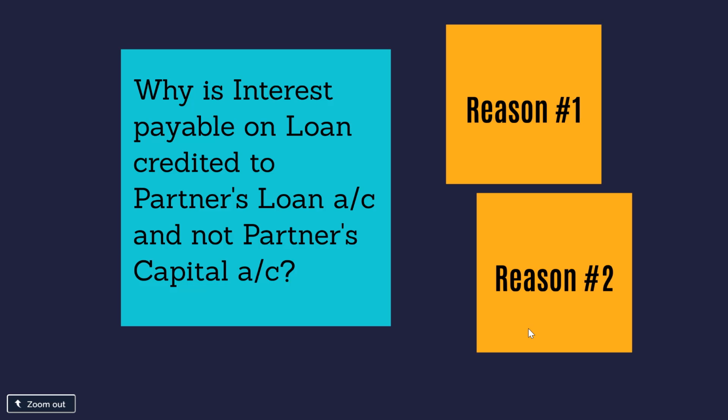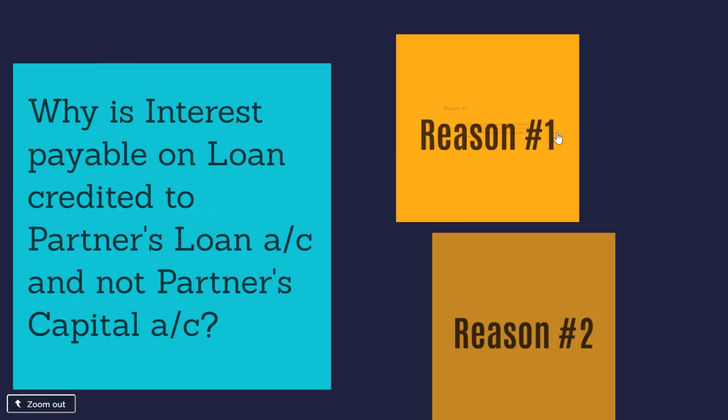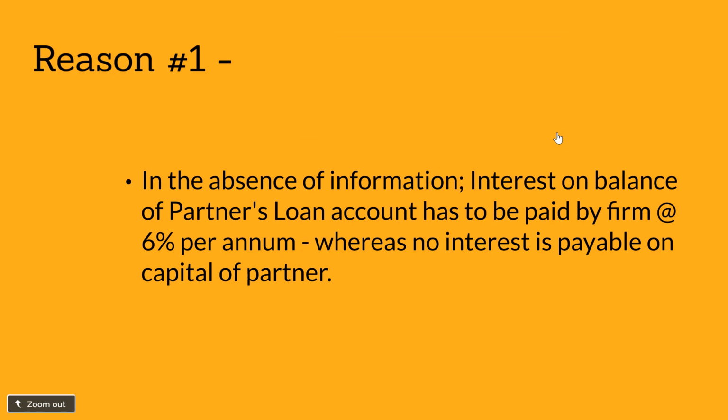There are two reasons for this. The first reason is, in the absence of information, interest on balance of partner's loan account has to be paid by the firm at the rate of 6% per annum, whereas no interest is payable on the capital of the partner.